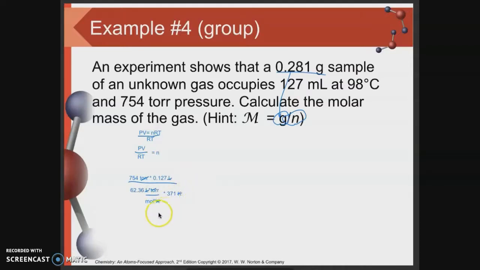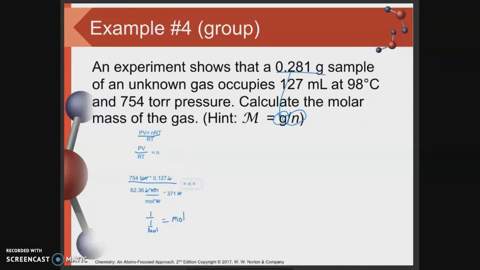What I'm left with as far as units is 1 over moles. You may remember that the reciprocal of a reciprocal is just what we had in that denominator as itself. So that means that we're going to end up with moles as our unit in total. So all of this gives us n.